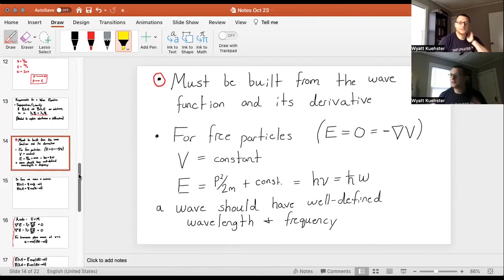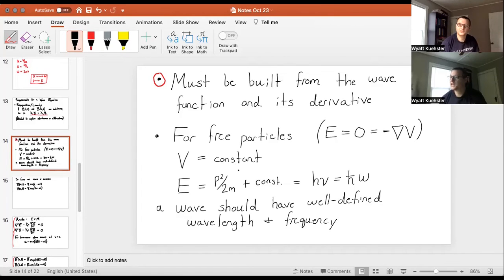A free particle is a particle that's not under the influence of an external force or an external potential. In quantum mechanics, that means the potential is uniform. If the force is zero, the particle is under the influence of no external force, but the force is minus the gradient of the potential.